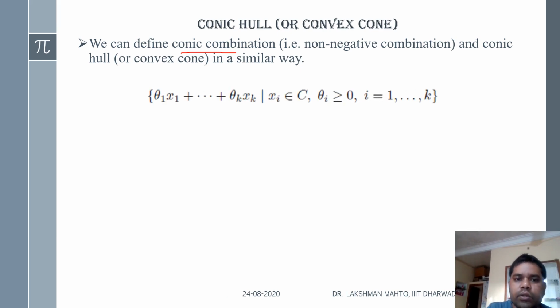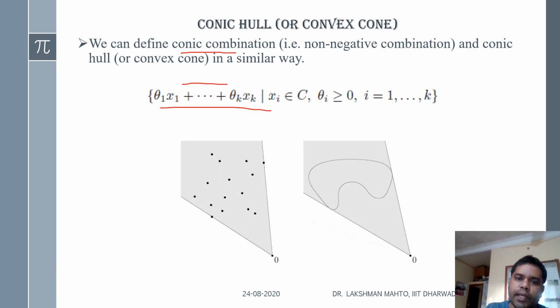Now I had already mentioned that a conic hull is a conic combination of a given number of points. If you want to see the algebraic definition of a conic combination, you can see this one. It is a non-negative linear combination of the given points x1 up to xk. Suppose we have a finite number of points. First, we find the extreme points. These two points are extreme points.